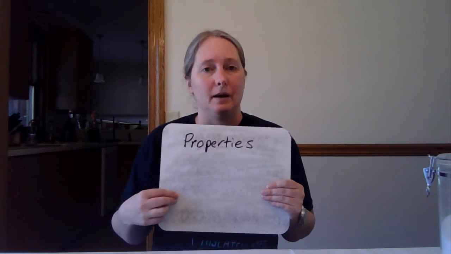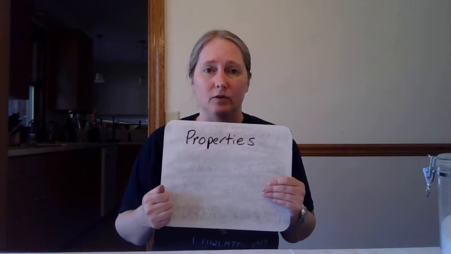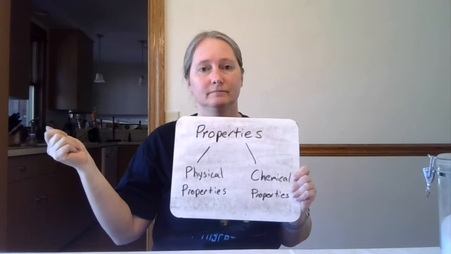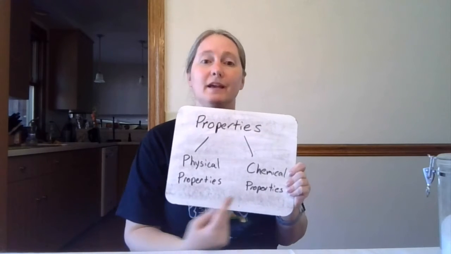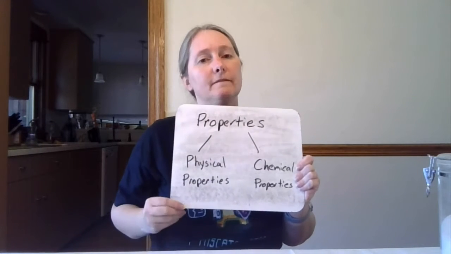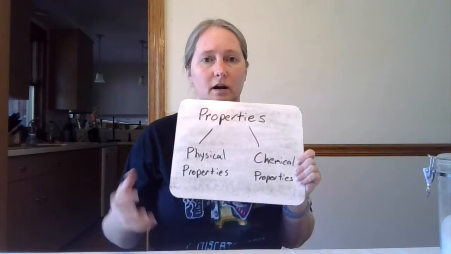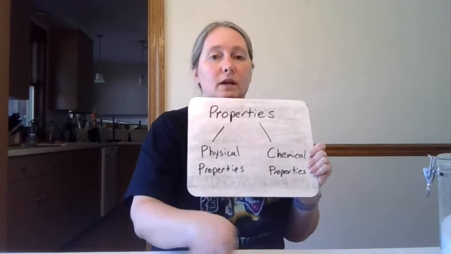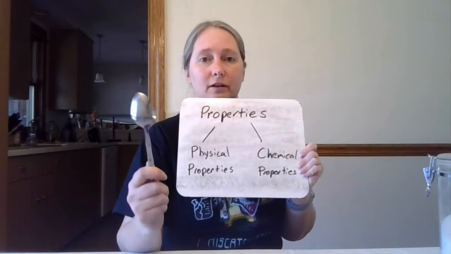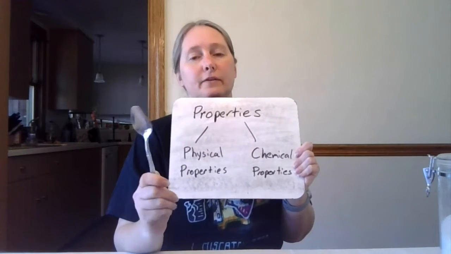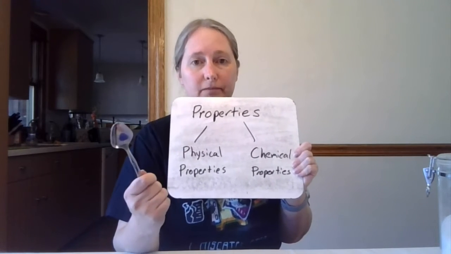So with properties, there are two different categories. There are physical properties and there are chemical properties. Physical properties are things that are true about it physically. Like for instance, this is metal, okay? Another physical property is that it's shiny.